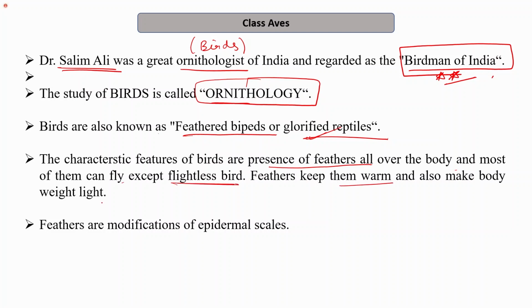Feathers keep their body warm and also make their body weight light, therefore helping them in flying. Feathers are the modification of epidermal scales which are present in the reptiles. So this is an important feature. You need to remember this. This is the characteristic that helps in relating them with the class Reptilia. That is, they have the modifications of the epidermal scales which are known as feathers.